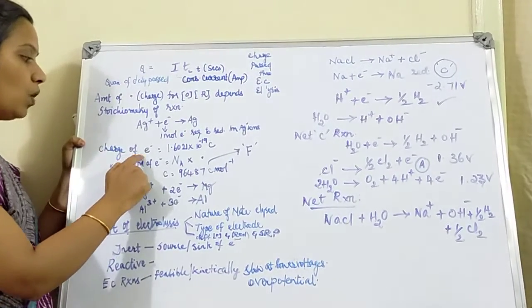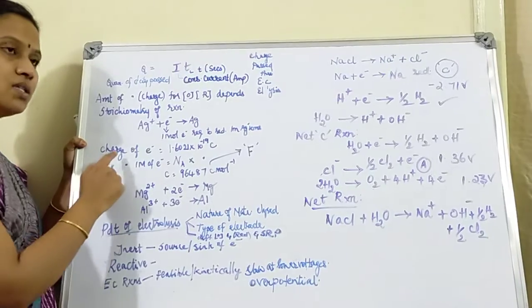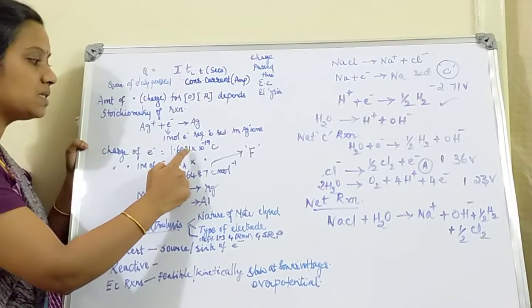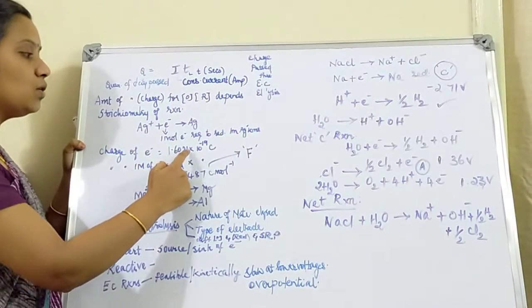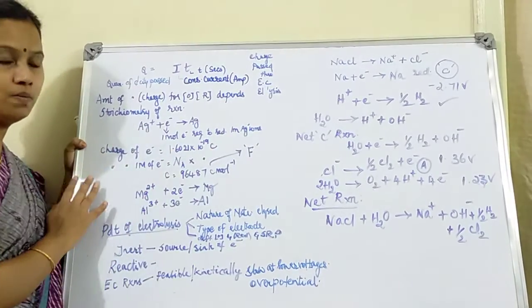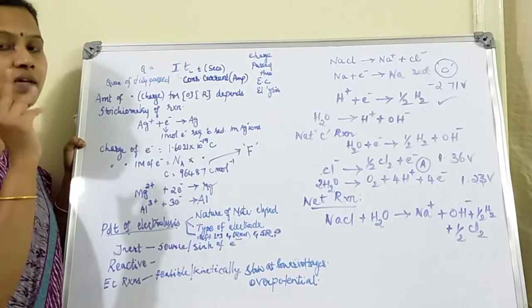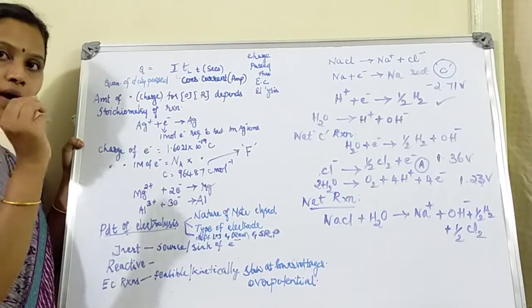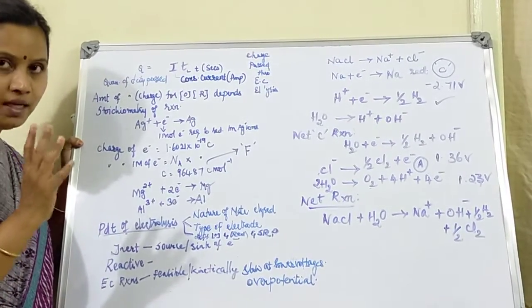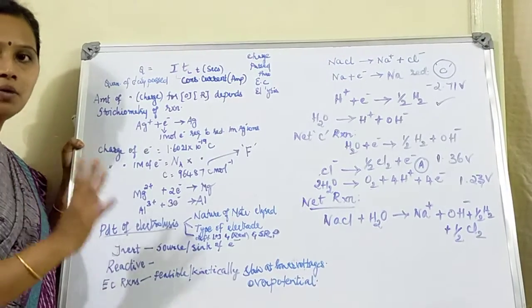We already know the charge of an electron. What is the charge of an electron? It is 1.6021 into 10 power minus 19 coulombs. Now, what is the charge of 1 mole of electrons? Whenever the term 1 mole comes, immediately what should strike? We have to remember the Avogadro number.